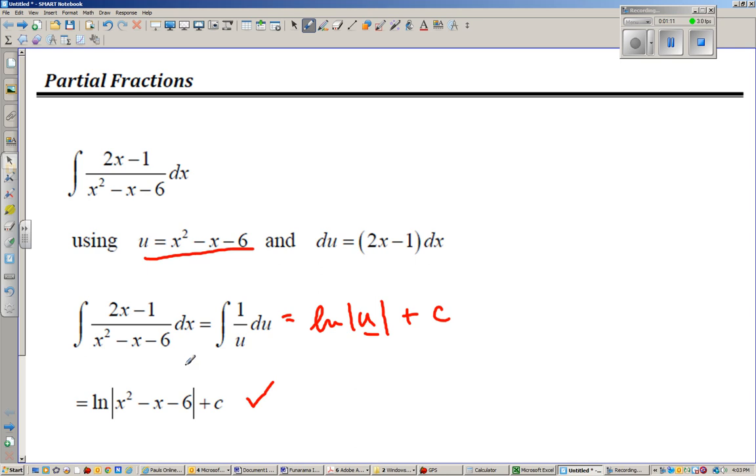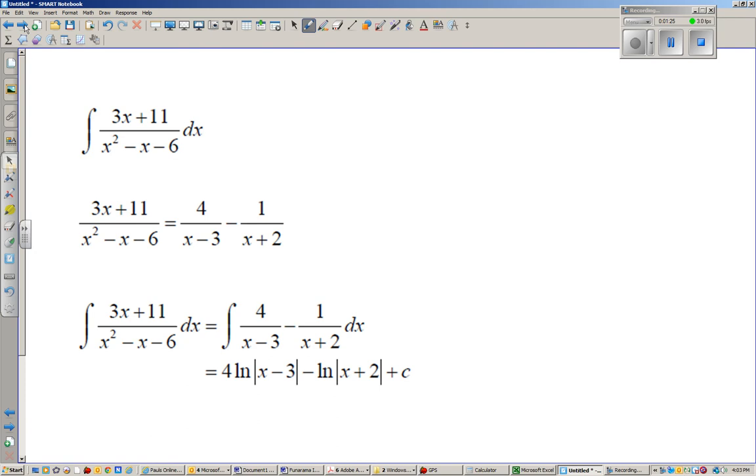But it doesn't always happen that way. That is, when you make a u substitution for the denominator, you don't get the numerator. So let's take a look at a problem where that's the case.